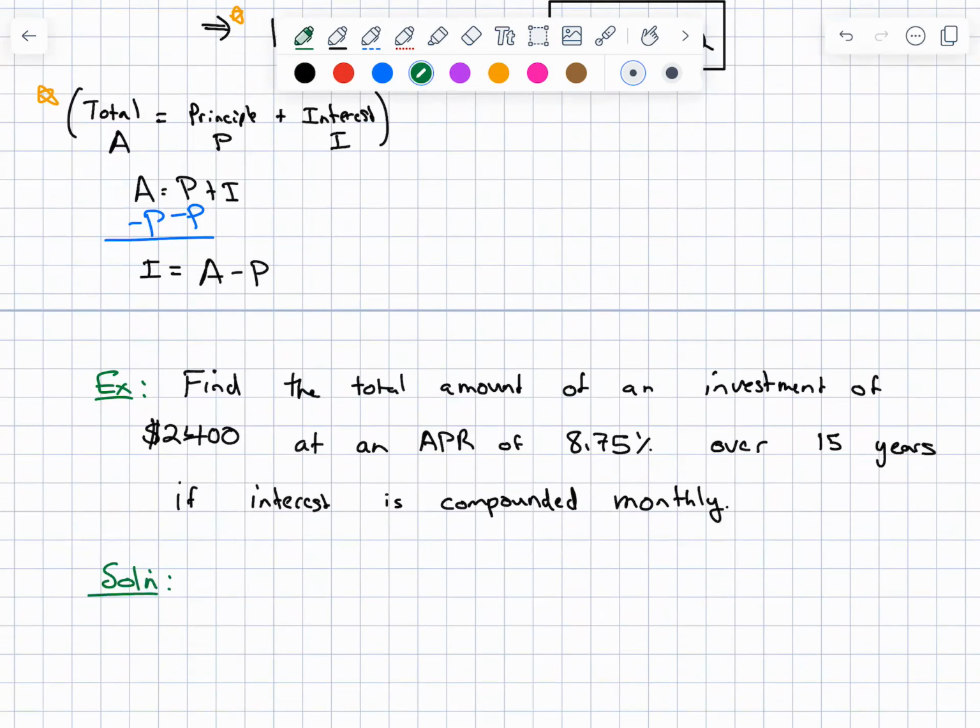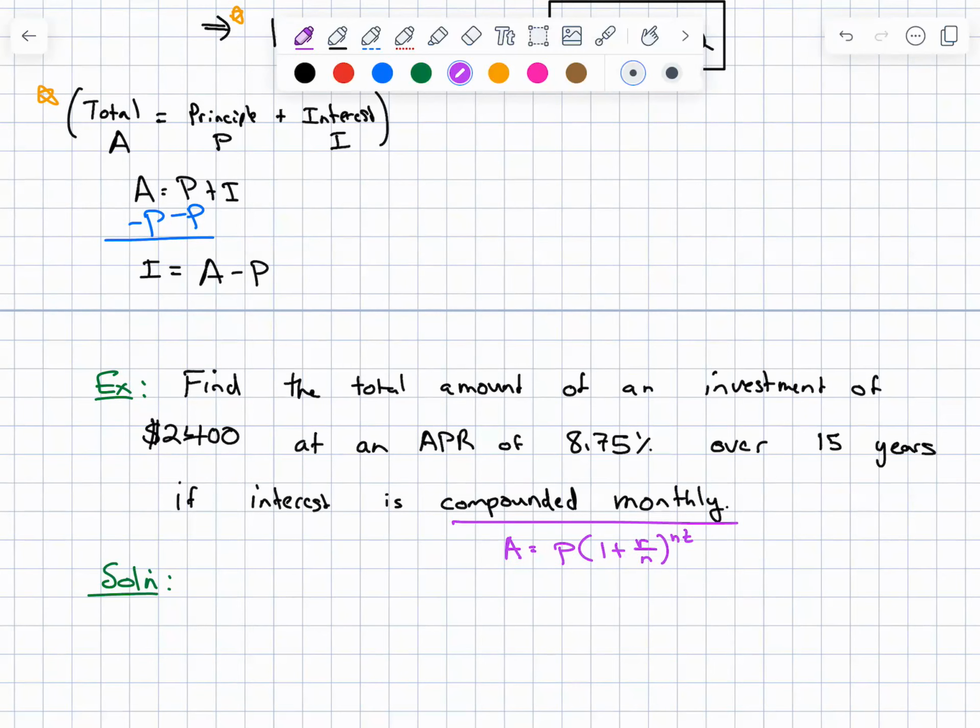Because it says compounded, that's a dead giveaway that we're using the compound interest formula. As soon as you see that word compounded, don't even bother looking at the simple interest formula, just go to A equals P times 1 plus R over N. I'm going to underline it and say that again: A equals P times (1 plus R divided by N) raised to the NT. But as soon as you see that word compounded, compound interest formula.